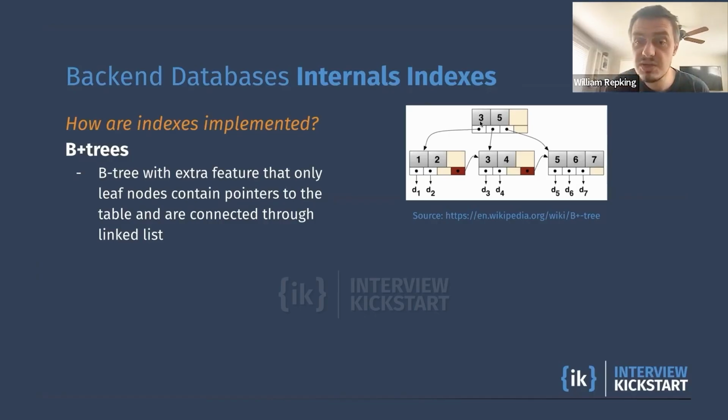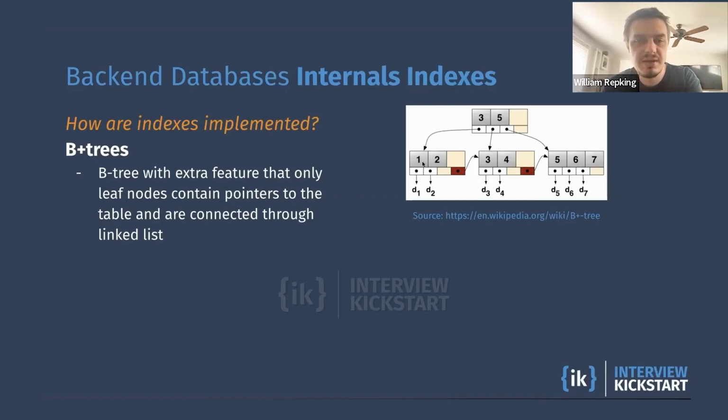So if I want to sort or order this, all I have to do is look at, okay, 3, and I go left. I keep going left until I'm at the base of the tree. So I know that 1 is the lowest value. And the actual data only lives at the leaf node level. When I say actual data, this is like the actual pointer to the table. So here on the leaf level, these different leaves are connected by a linked list.